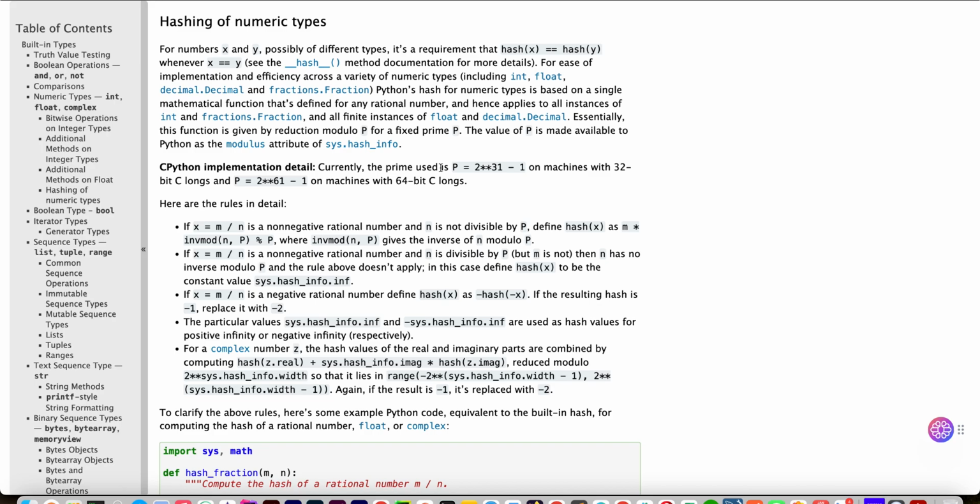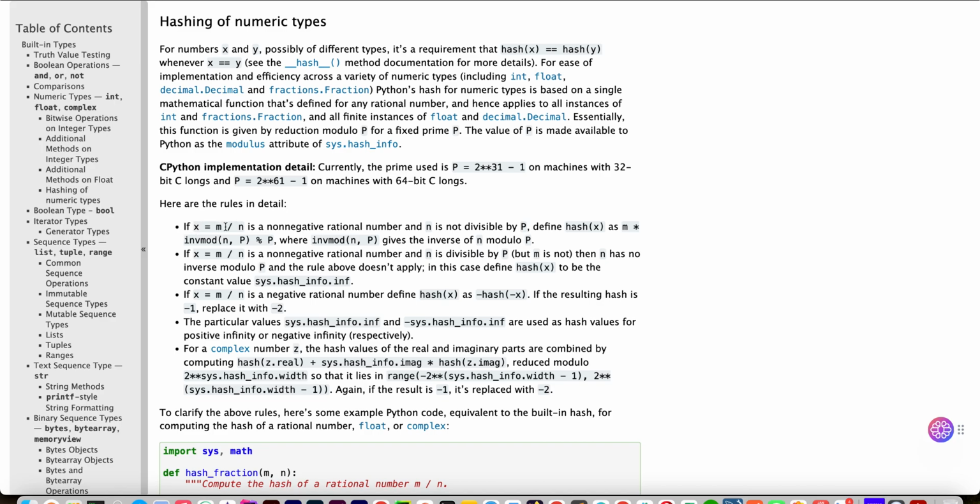See Python implementation detail. Currently, the prime used is P equal to 2 raised to 31 minus 1 on machines with 32-bit C longs, and P equal to 2 raised to 61 minus 1 on machines with 64-bit C longs. Here are the rules in detail.